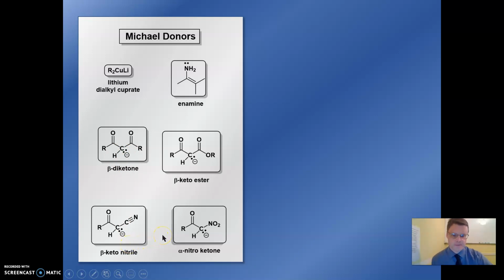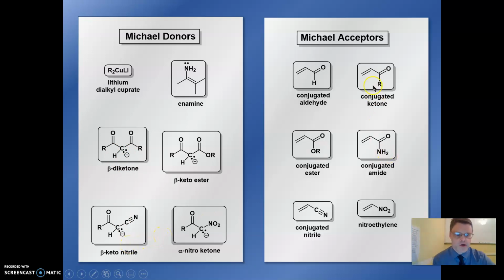All right. And then we can also have Michael acceptors, and the core structural component of all these Michael acceptors is a carbonyl, and then it's an alpha-beta unsaturated carbonyl. And then you can have different atoms or groups here.